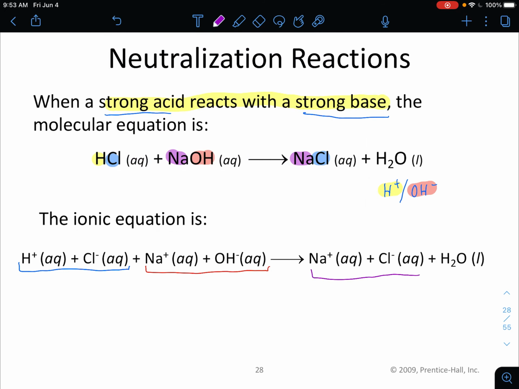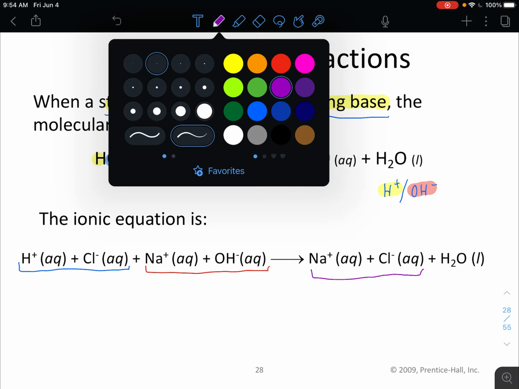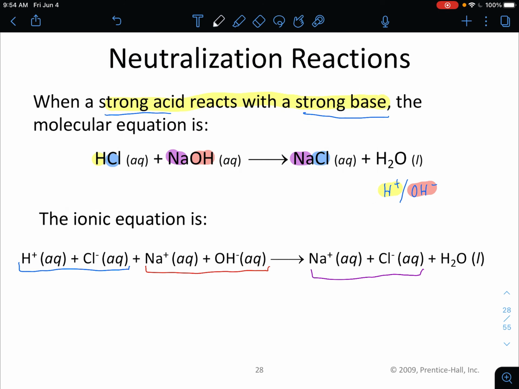Here's sodium chloride broken down. But with water, it's just going to stay as is, right? It's written just as liquid water, so I'm not going to show it as broken down into its component parts. Just like the precipitate stayed together, because we have this pure liquid with L here, we'll just write it exactly as is.